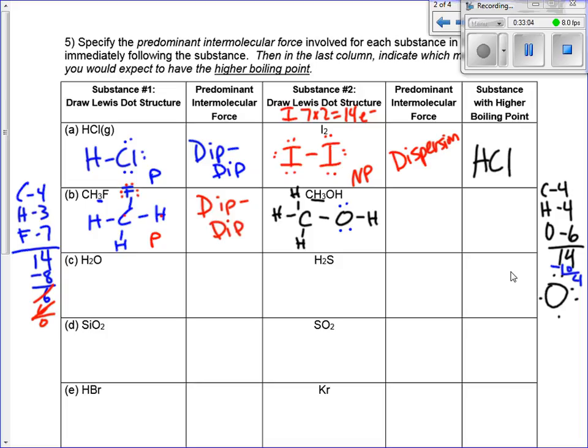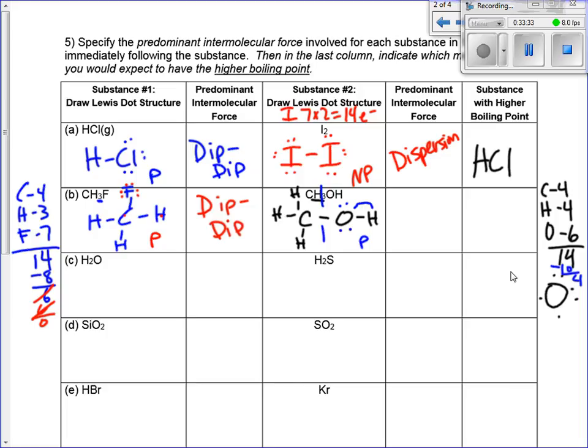Now looking at it, is it polar? Yes, it's definitely not symmetrical. If you were to go down the center here, not symmetrical at all. No symmetry. So, looking here though, does it have a bond with H? Oh, look, yes, we have an O to an H bond here, right here. So this one has what?